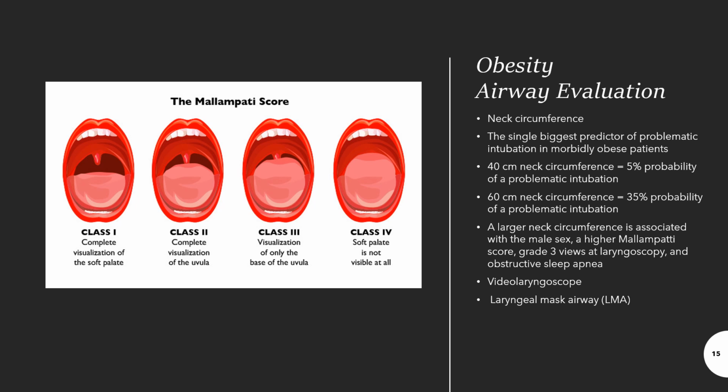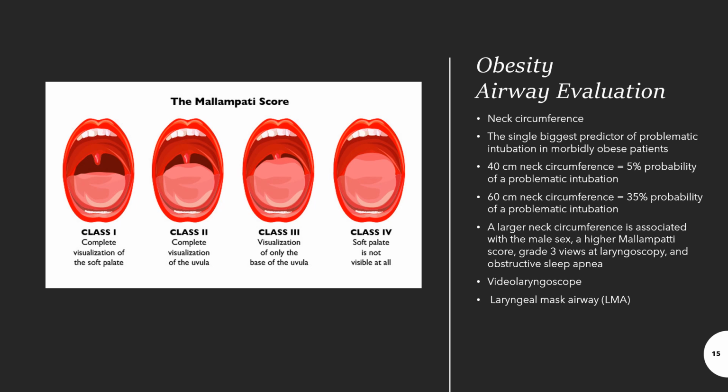If your neck circumference is around 40 centimeters, the likelihood of that being a difficult intubation is very low. If you have a 60 centimeter neck circumference, the likelihood of that being a problematic intubation is like 35%. So the larger the neck circumference, the greater the likelihood of a difficult intubation.